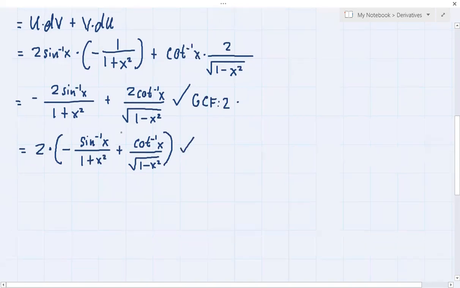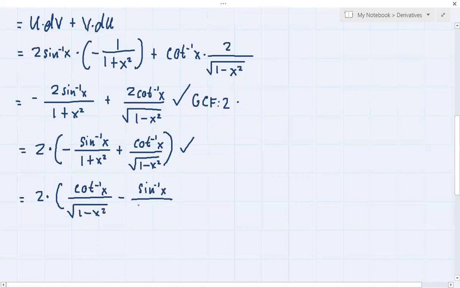Or you can interchange them. If you interchange them, it becomes arccotangent x all over the square root of 1 minus x squared minus arcsine all over 1 plus x squared. This is much better if you don't want a negative term at the front.